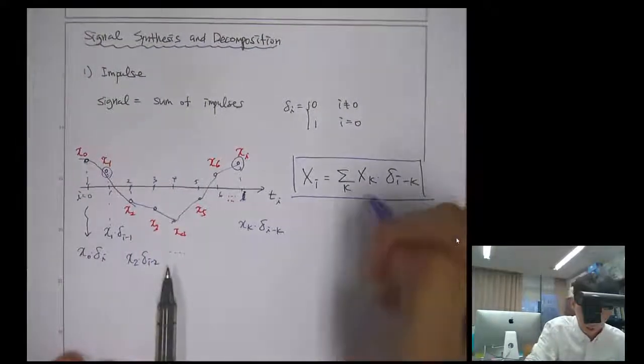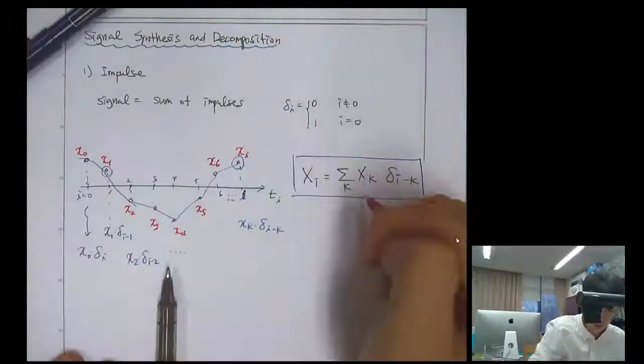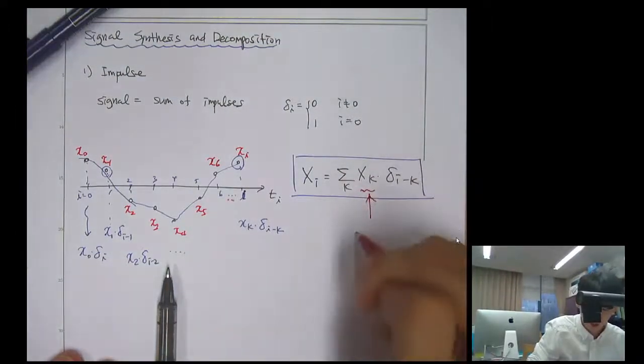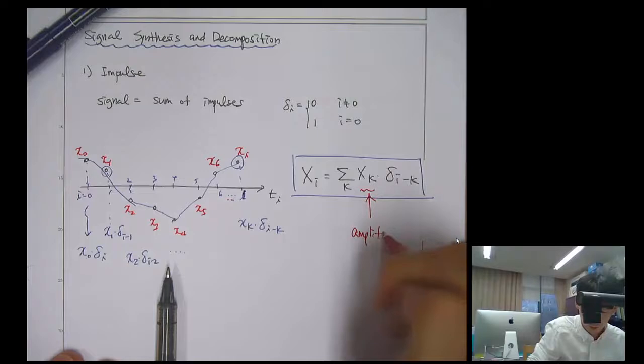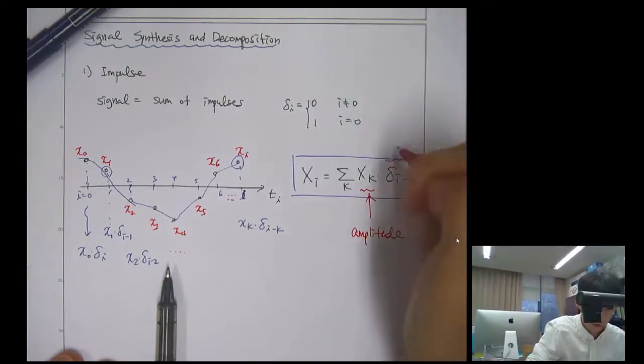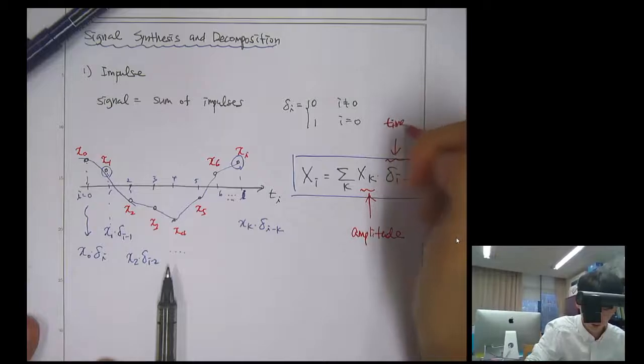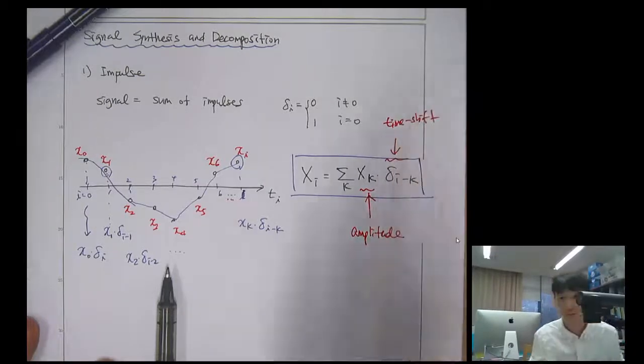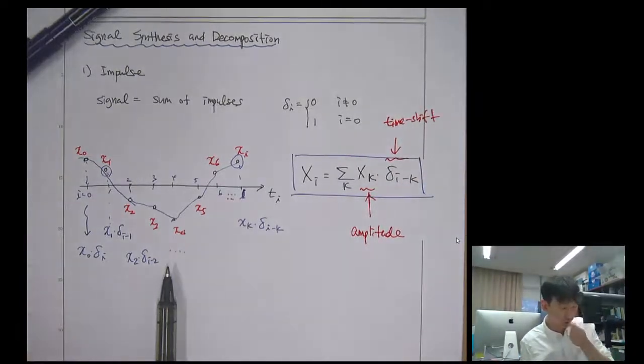And here x expresses the amplitude, and this delta expresses the time shift. Right?